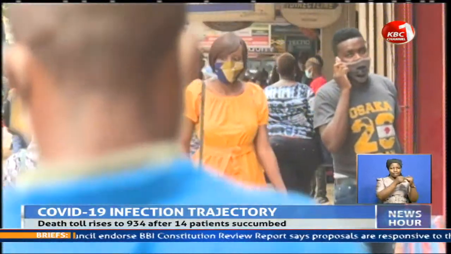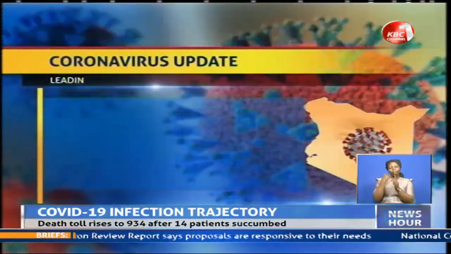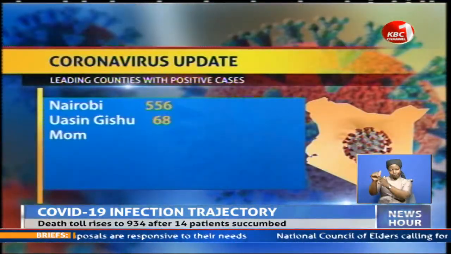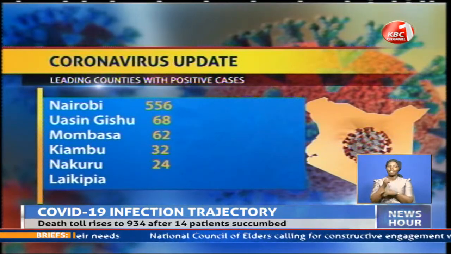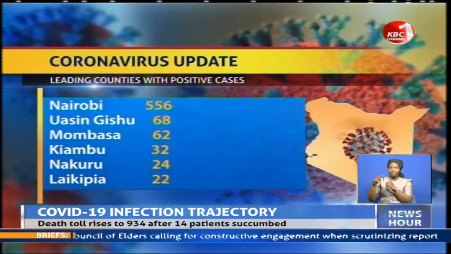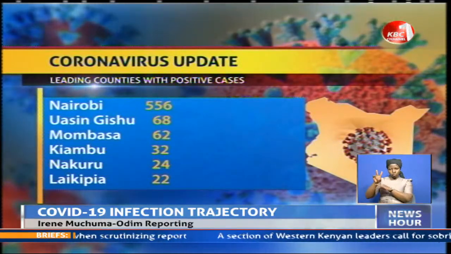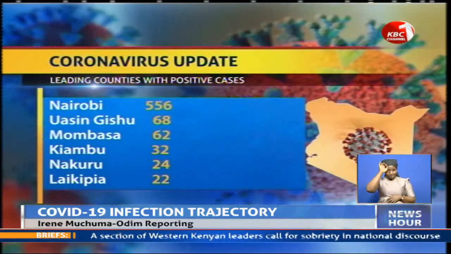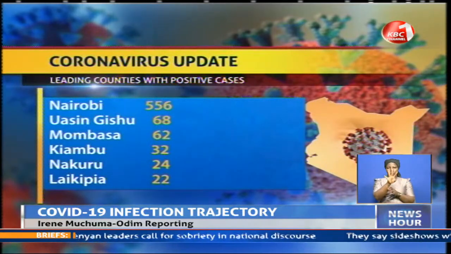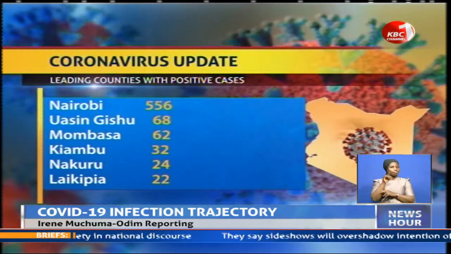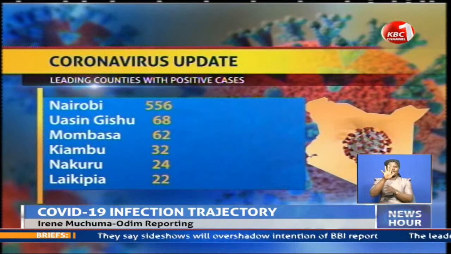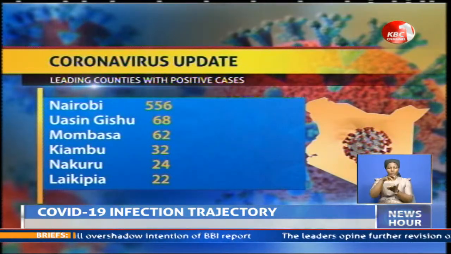The cases are distributed across 25 counties, with Nairobi taking the lead with 556, followed by Uasin Gishu with 68, while Mombasa has recorded 62 new cases. Kiambu is ranked 4th with 32, and Nakuru seals the top 5 most affected counties with 24 positive tests in the last 24 hours.